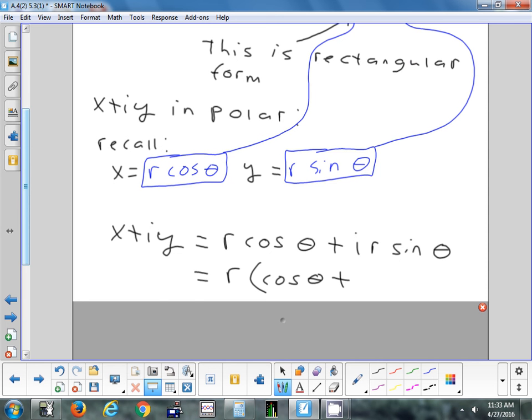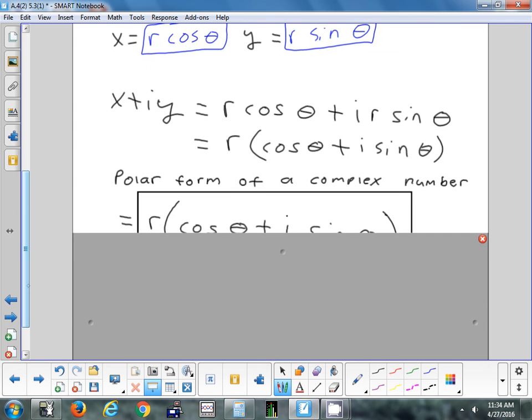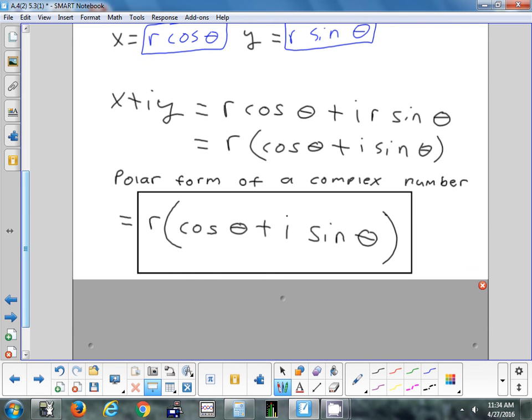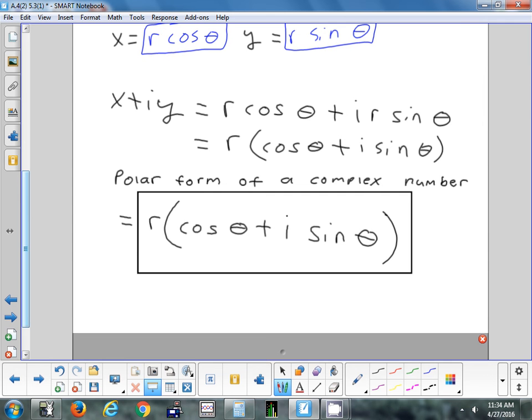What, Stephen? i sine theta. All I did right there was the reverse of the distributive property. And that is the polar form of a complex number: r cosine theta plus i sine theta.